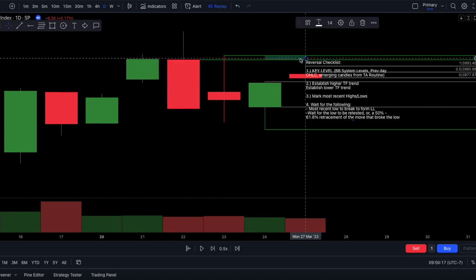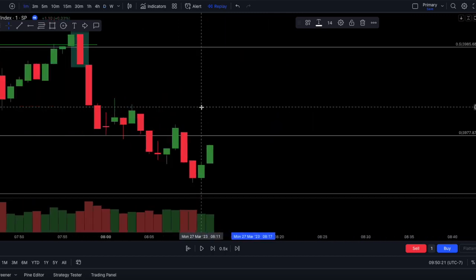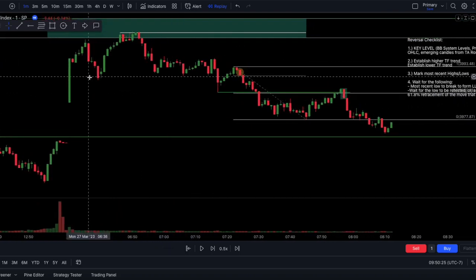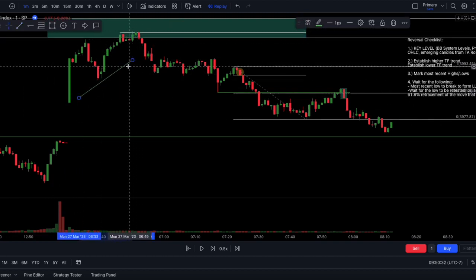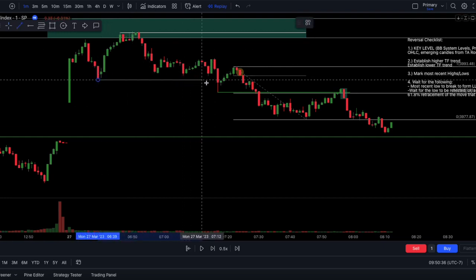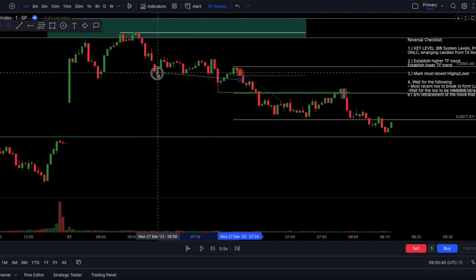So we marked those levels from the higher time frame, went down to the smaller time frames. We established that on the smaller time frame, we're trending slightly up into that bigger time frame level. We marked our most recent low, right? As well as this one. Consider this your recent low that we're looking at.